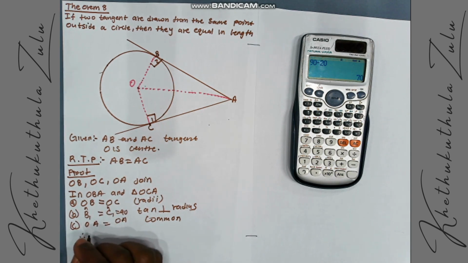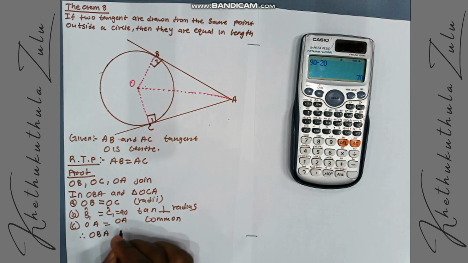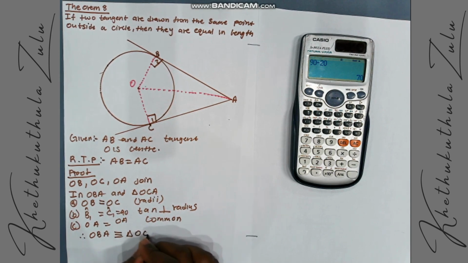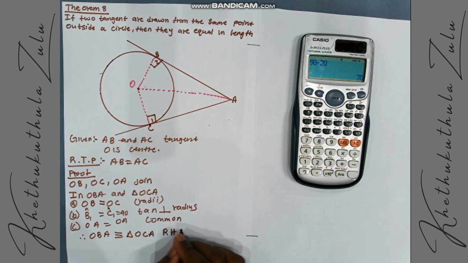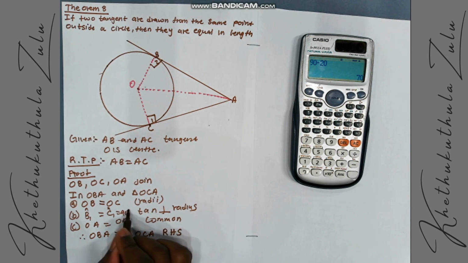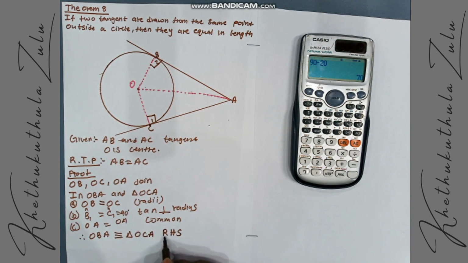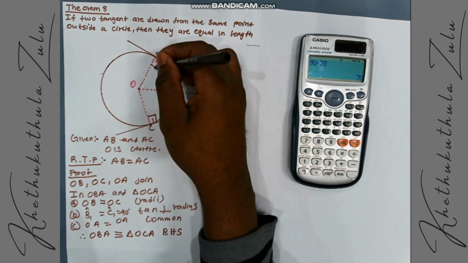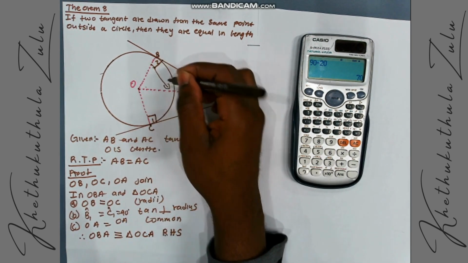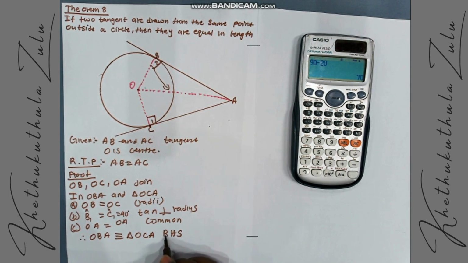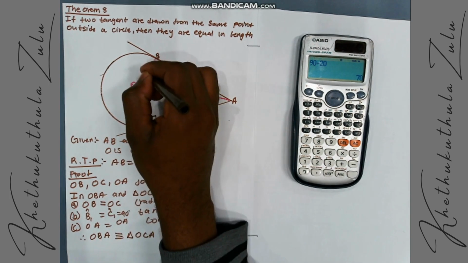Then to conclude, triangle OBA is congruent to triangle OCA, by right angle, hypotenuse, side. Why RHS? Because we have this tangent perpendicular to radius, which gives us 90 degrees. So we have a right-angled triangle, with this hypotenuse side, and this side here.